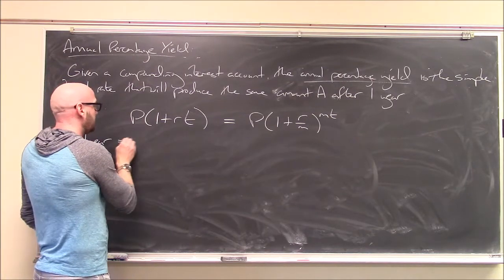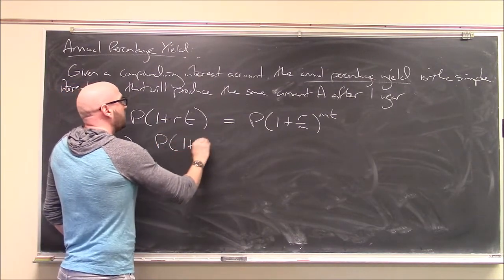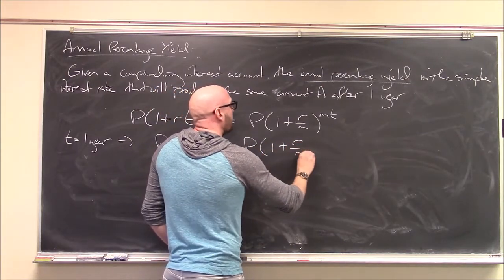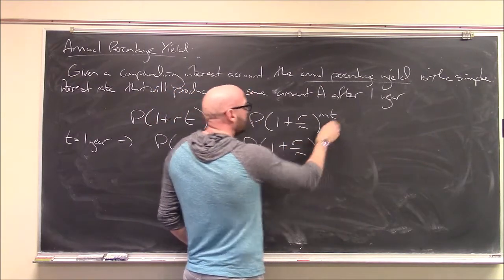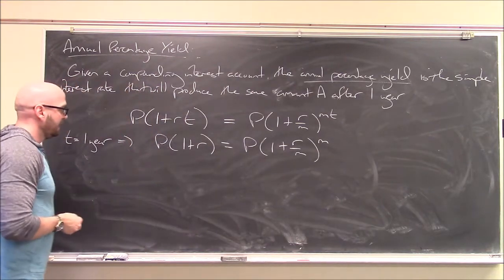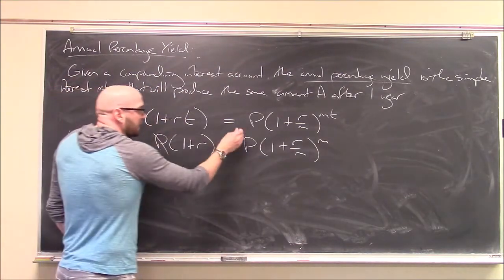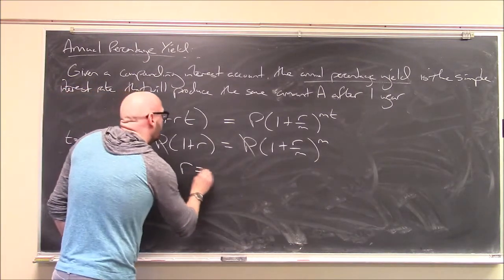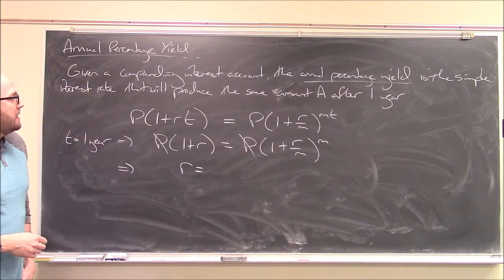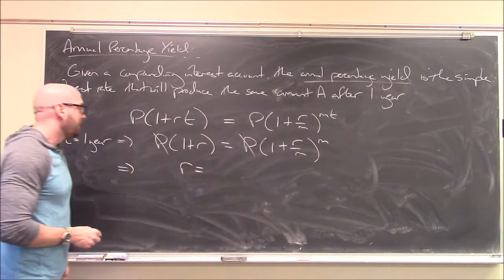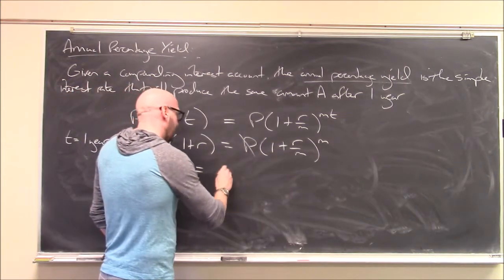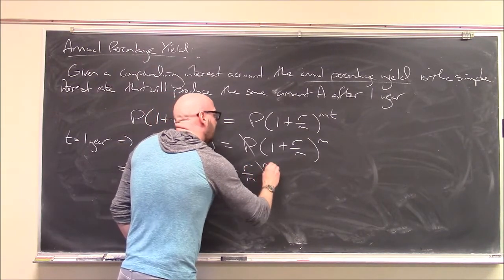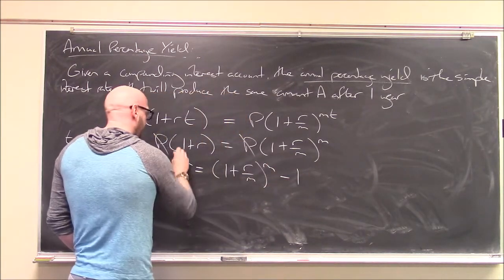So now I have P times 1 plus R equals P times 1 plus R over M to the M, because T is 1. I can cancel P from both sides, and if I'm solving for R, the rate that makes these two account balances the same, R would be 1 plus R over M to the M, minus 1.